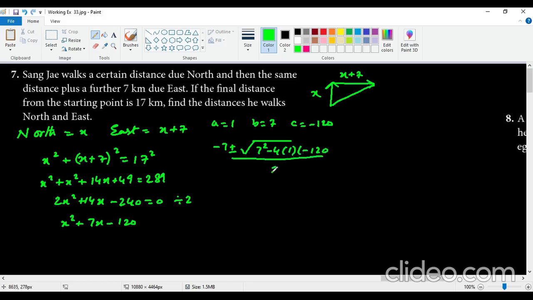And minus 7 plus minus under root 49 plus 120 times 4, which is going to give us 480, divided by 2. This gives us two different answers.